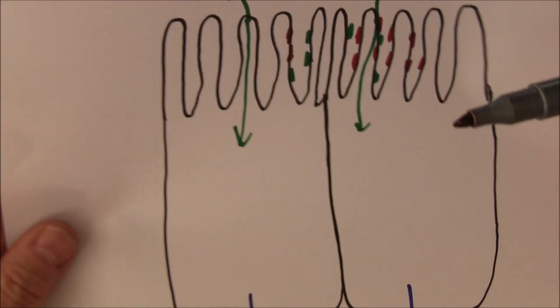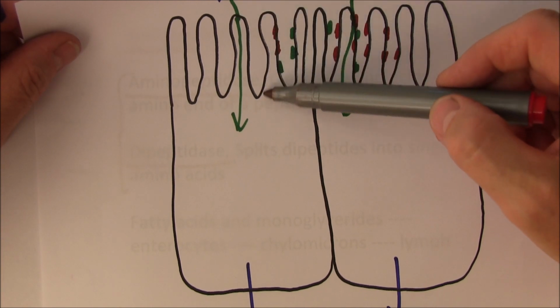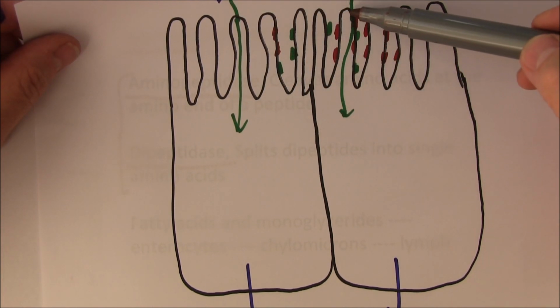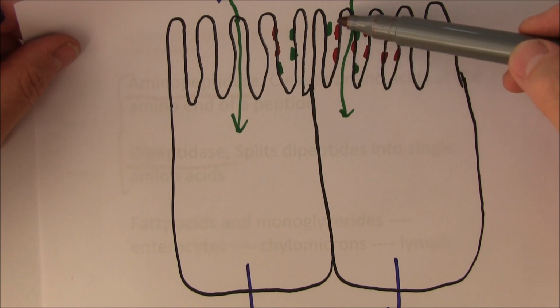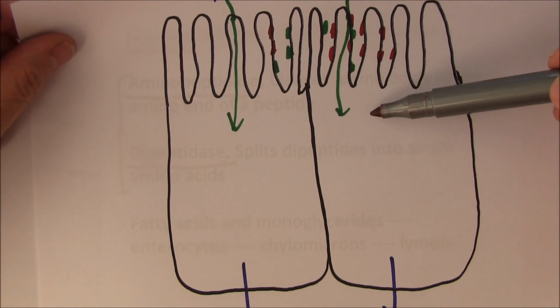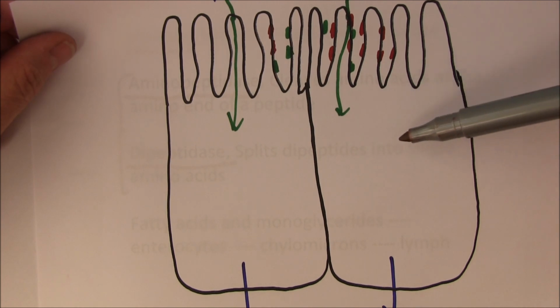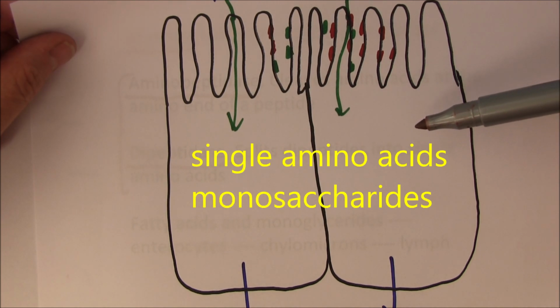So by the time the products of digestion have run this gauntlet of brush border membrane-bound enzymes, all we have in here is single amino acids and single monosaccharide sugar units.